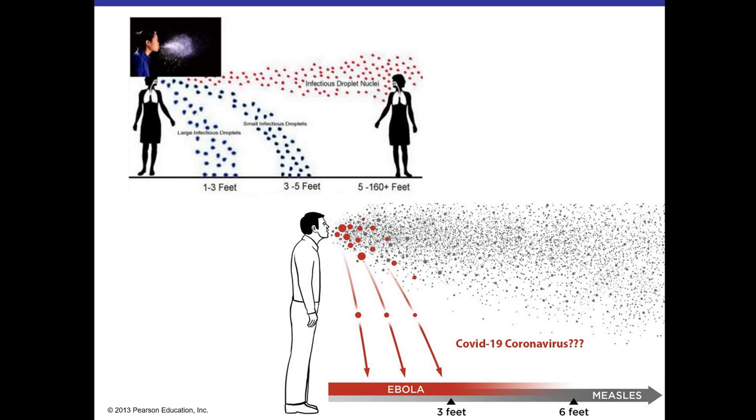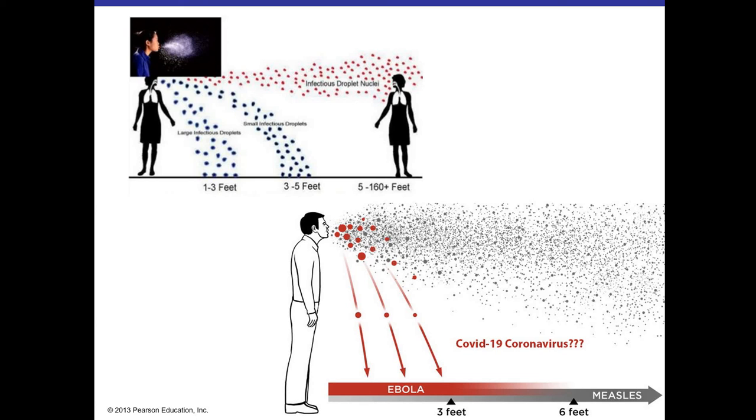In looking at the COVID-19 coronavirus and how far it travels, we're not exactly sure. But when we look at slow motion photography of what happens when you are coughing and sneezing, we see that the large infectious droplets only travel about 1 to 3 feet at most. Even the small infectious droplets are under 5 feet.